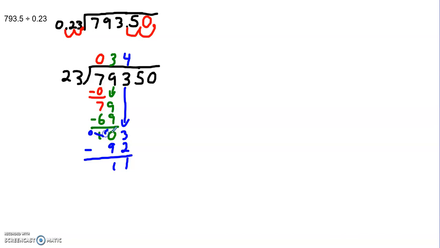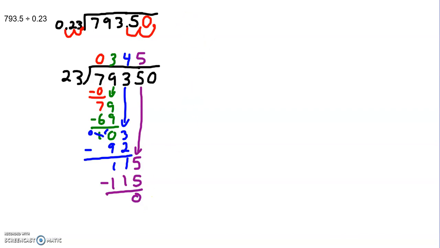This becomes a 10. 10 minus 9 gives me 1. Then I bring down the next digit, which is a 5. And I need to figure out how many times does 23 go into 115. And I know that that is 5 times, because 5 times 23 is 115. 115 minus 115 is 0.